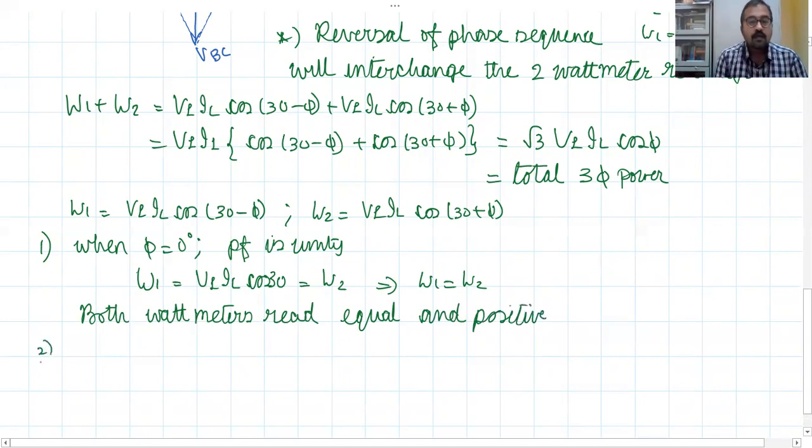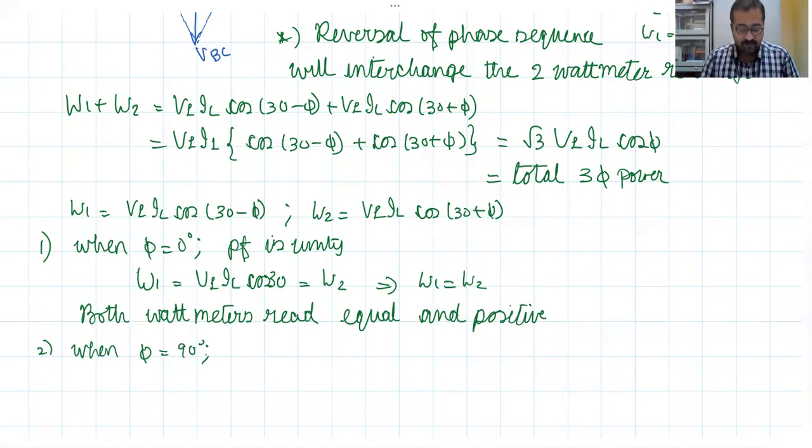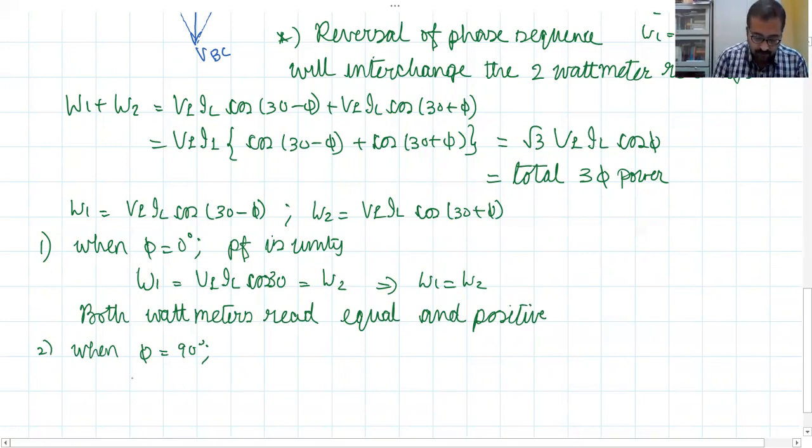Now suppose phi is equal to 90 degrees. What do you mean by that? It is either a purely inductive load or a purely capacitive load. So what happens to your W1?